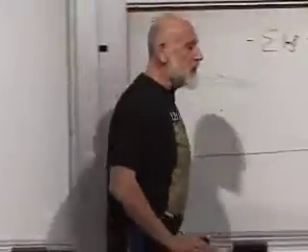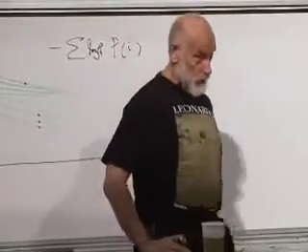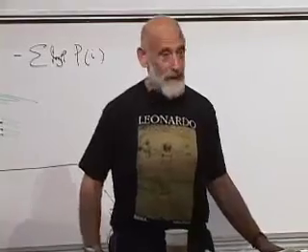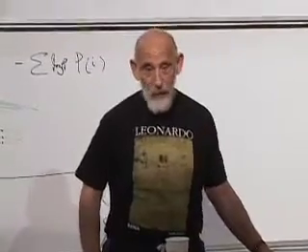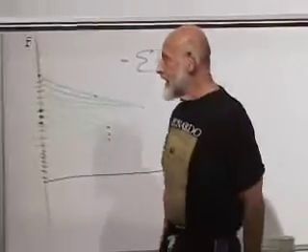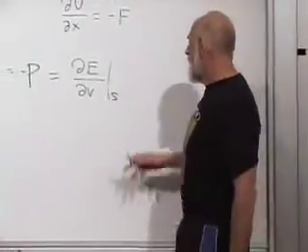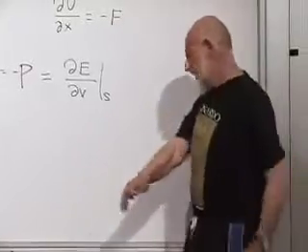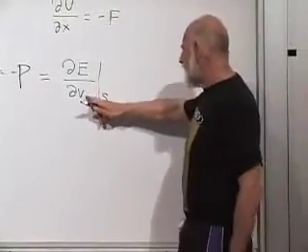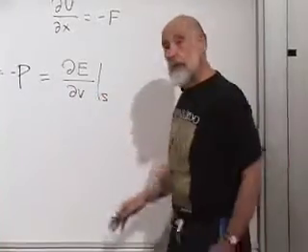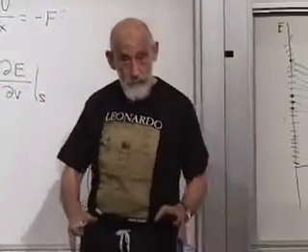Not keeping fixed the temperature, certainly not keeping fixed the energy. The derivative of energy with respect to volume at fixed something defines the pressure. The something is the entropy.